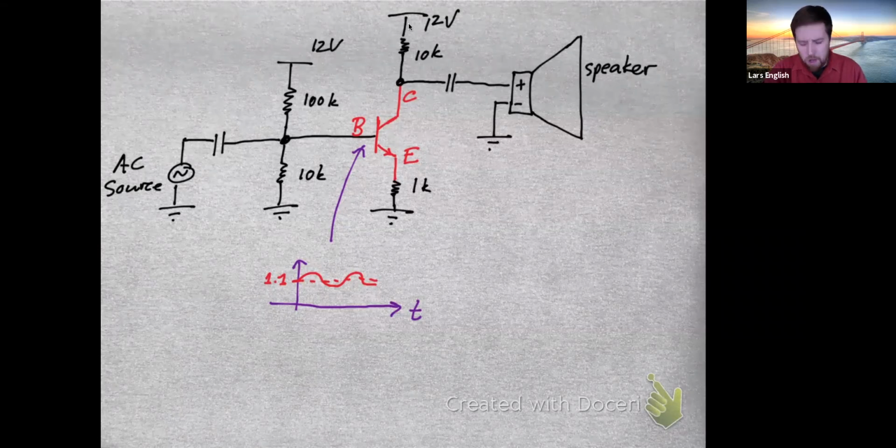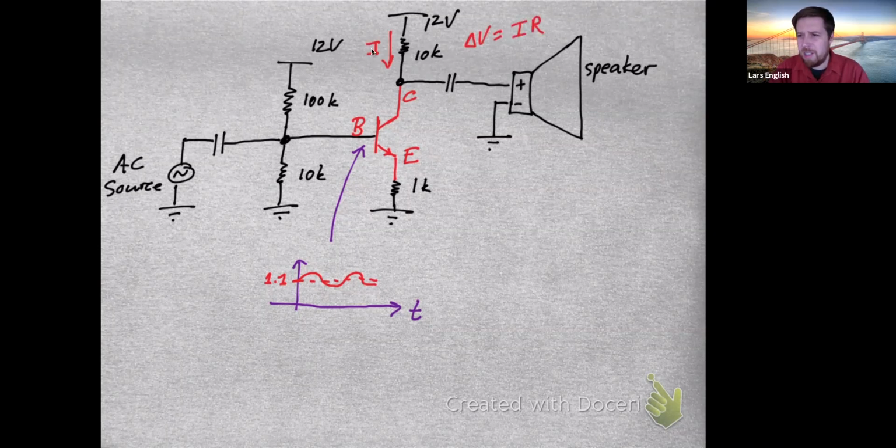Okay, and so think about this current now. It goes across a 10 kilo ohm resistor, and so if that current changes, then that voltage changes quite a bit too. Why? Because that voltage across that resistor is I times R, right?